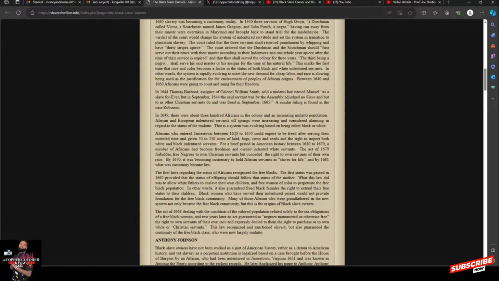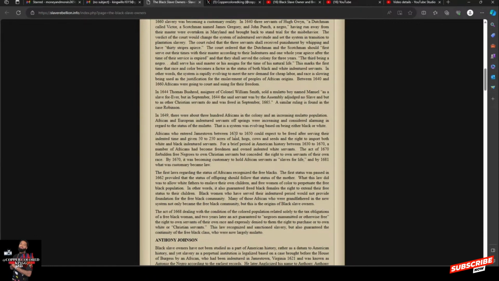In 1644, Thomas Bushrod, a signee of Colonel William Smith, sold a mulatto boy named Manuel as a slave forever, but in September 1644 the said servant was by the assembly adjudged no slave but to serve as other Christian servants do, and was freed in September 1665. A similar ruling is found in the case Robinson.